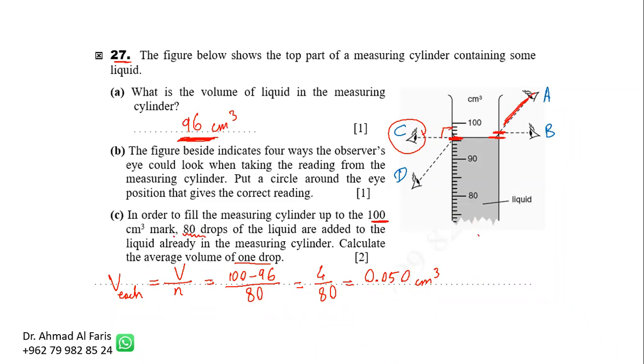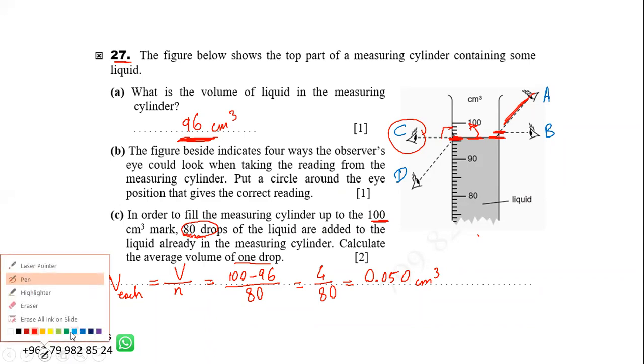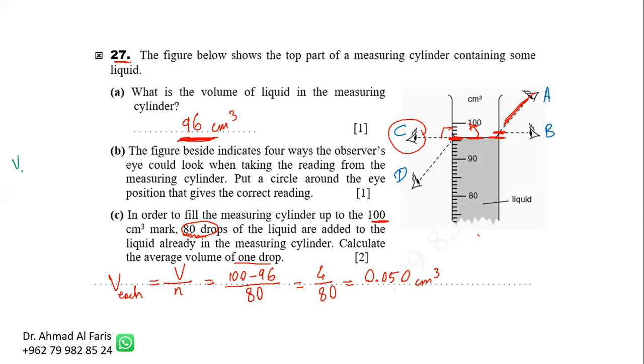Question C. Again, they said that we need to fill it from 96 to 100. They add 80 drops. How much is the volume for each drop? The volume for each drop is equal to the volume added divided by the number of drops.